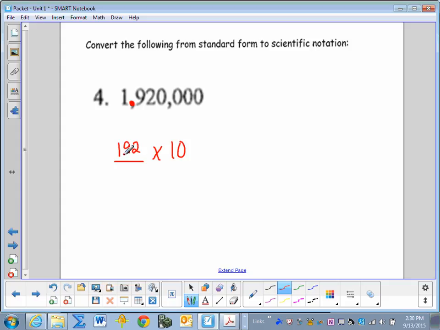And here's our decimal now. To get from here to here, we move 1, 2, 3, 4, 5, 6. We move the decimal place 6. And since it's a very large number, we move it from 1.92 to there. It's a positive exponent.